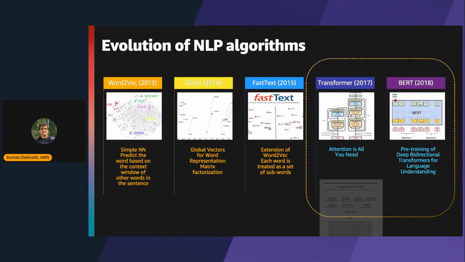And what happened is, in the last couple of years, especially in 2017, a new paper came in called Transformer, and the name of the paper is "Attention is All You Need," and that has changed the whole paradigm of NLP in the data science world. You can search it on the internet later on, and you will find that from 2017 there has been a lot of research, a lot of products developed, and a lot of investment by companies in NLP because of the ease of solving very complex problems using these models called transformers.